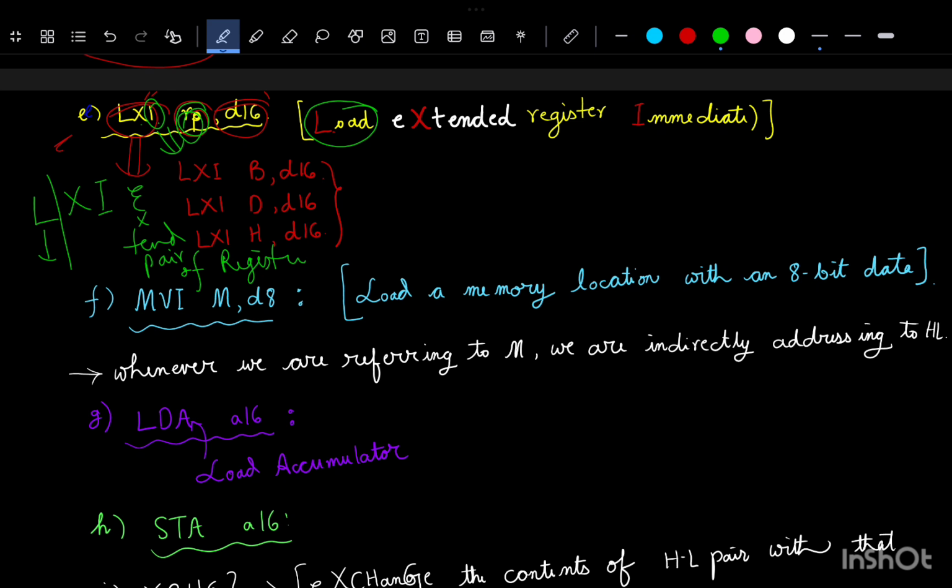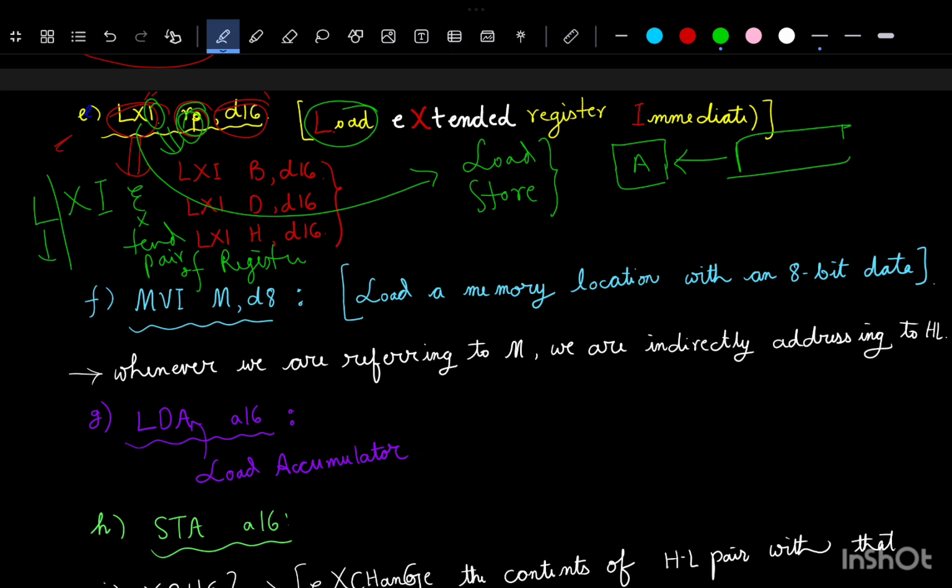So if we break down this mnemonic, we have two terms called load and store. Right? What does load mean? Load means we are loading some data to the accumulator from some location, which may be a register or memory location or whatever. Load means loading to the accumulator, and store means from the accumulator to some memory location or some register, right?